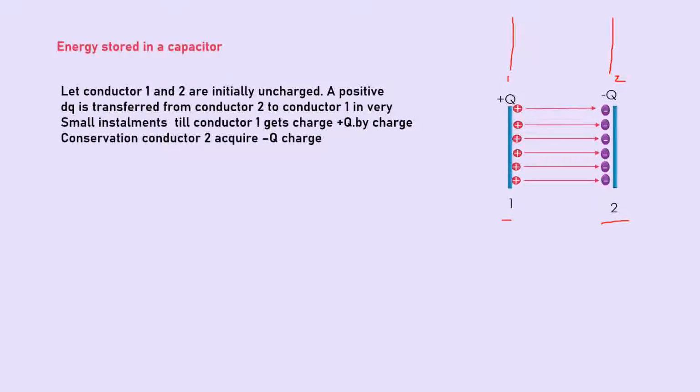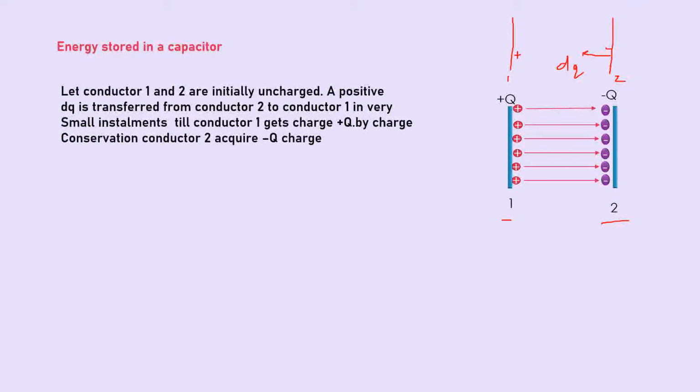If we transfer a small amount of positive charge dq from plate 2 to plate 1, then plate 1 acquires positive charge and plate 2 will acquire negative charge.